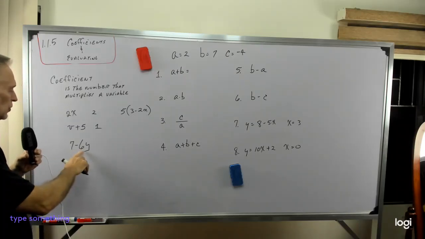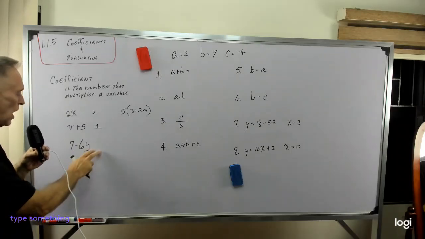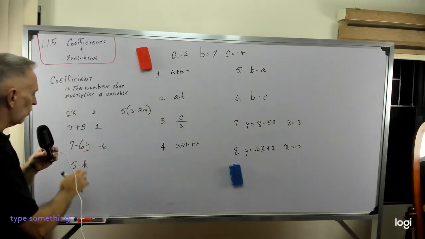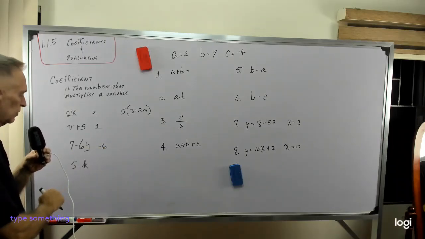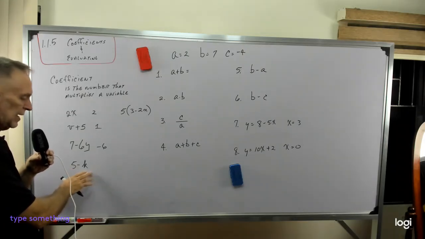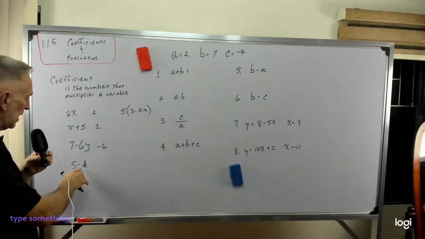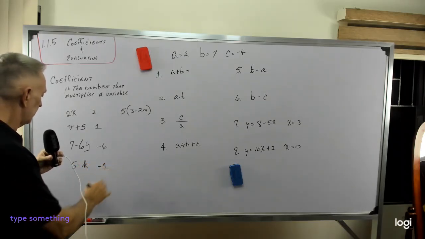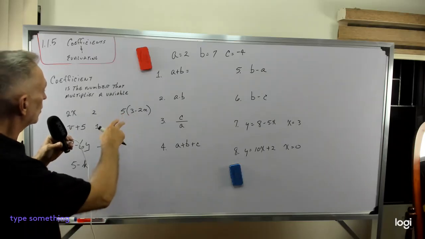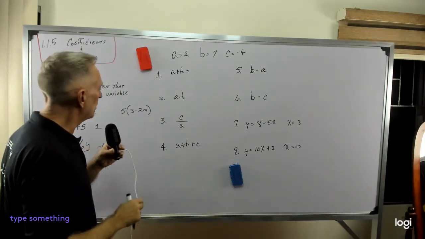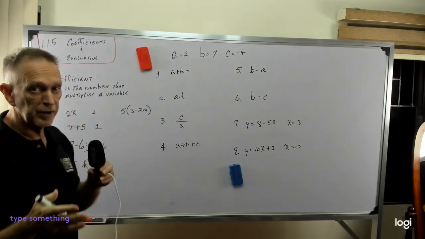7 minus 6 times y, so y is the variable, and negative 6 is the coefficient that's multiplied times y. 5 minus k, so now it's 5 minus 1k, and so that's a negative 1. In this case, 5 times 3 minus 2m. Recall the distributive property.